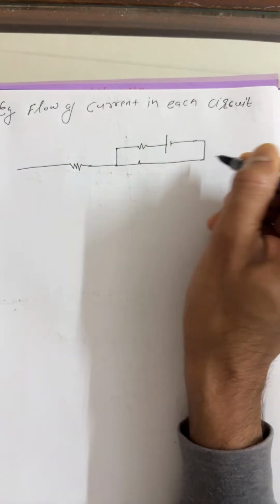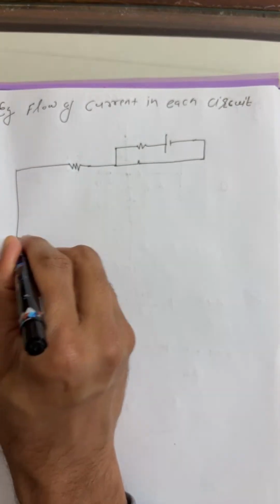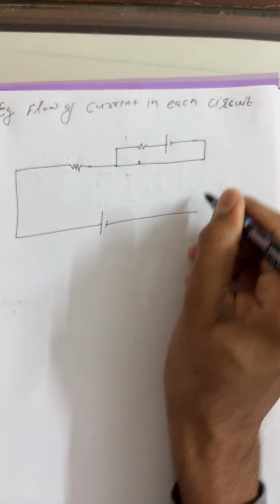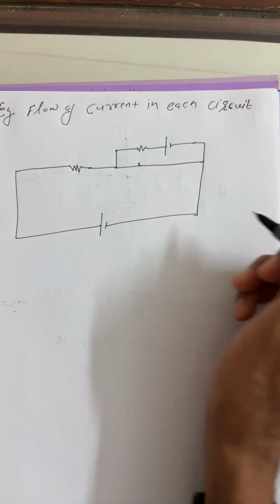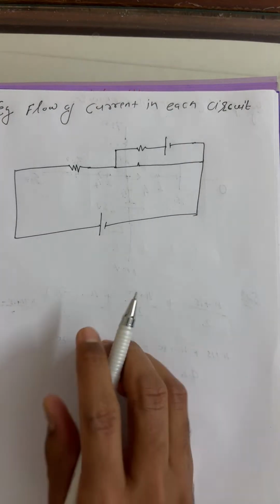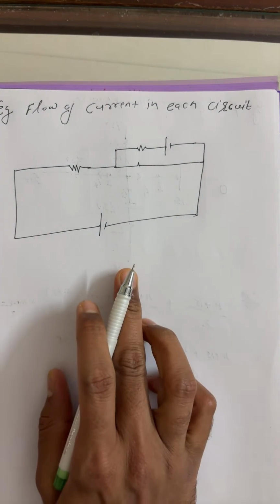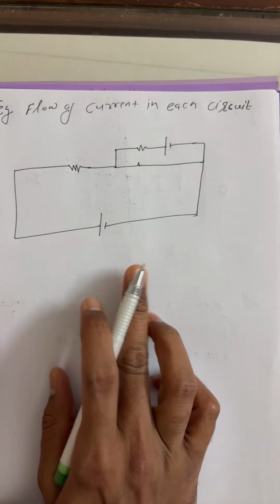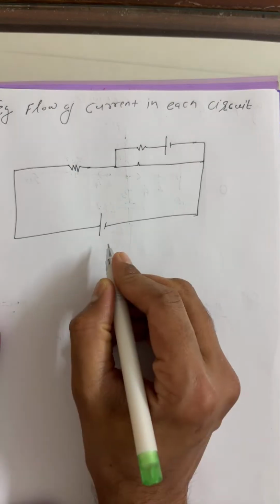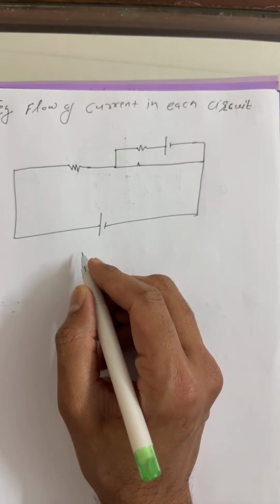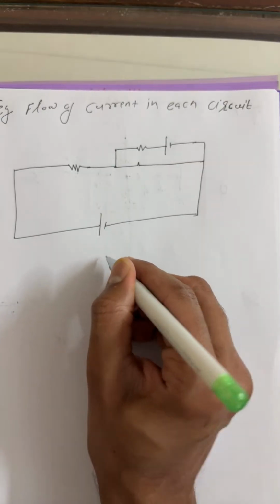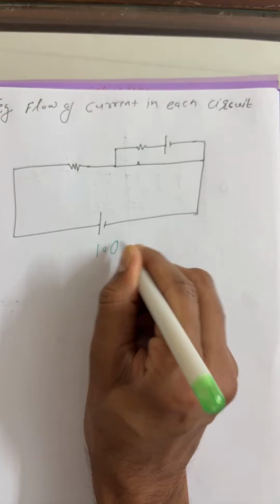Yes, beta ji. So this is the diagram for this question. Now, beta, I'll just give the data here. What's the question, bacha? The question remains the same. Find the flow of current in all circuits. So this is 100 ohm.